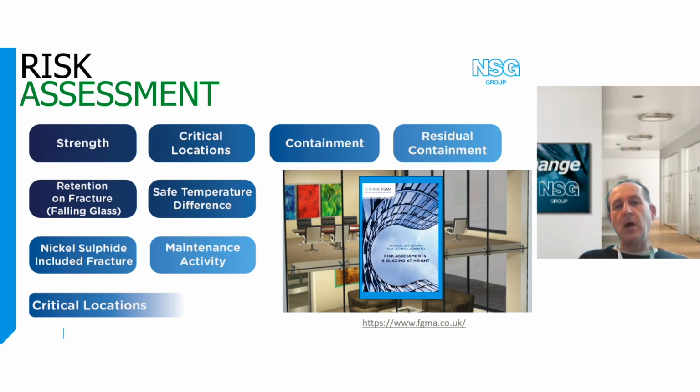So, for example, CIRIA, the Construction Industry Research and Information Association, and the Institution of Structural Engineers have all produced guidance in the past. This one on the slide was actually issued a few years ago by the Flat Glass Manufacturers Association. So there's plenty of guidance and advice out there if you need to undertake a risk assessment.